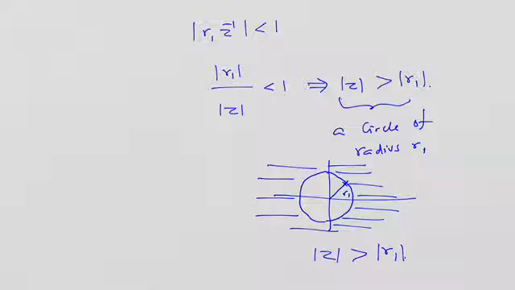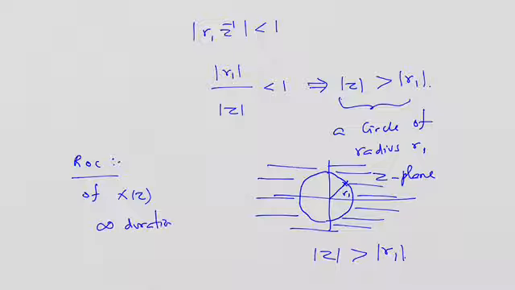So the entire z plane is not available here as ROC. This is the ROC of x of z, particularly for the infinite duration causal sequence.